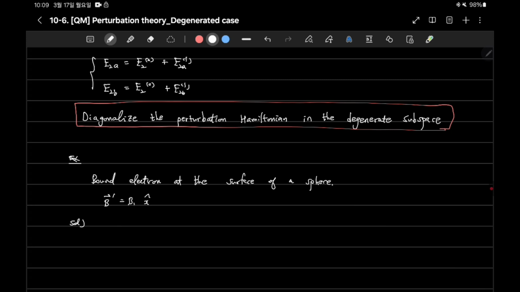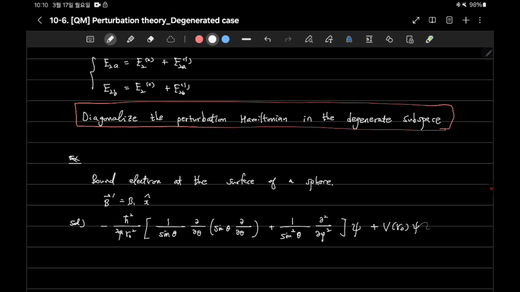The Hamiltonian of a sphere can be written in spherical coordinates, and the Schrödinger equation can be written like this: minus h bar squared over 2 mu r0 squared, times 1 over sine theta partial theta of sine theta partial theta, plus 1 over sine squared theta partial phi squared, acting on psi, plus the potential V(r0) psi, equal to E psi.